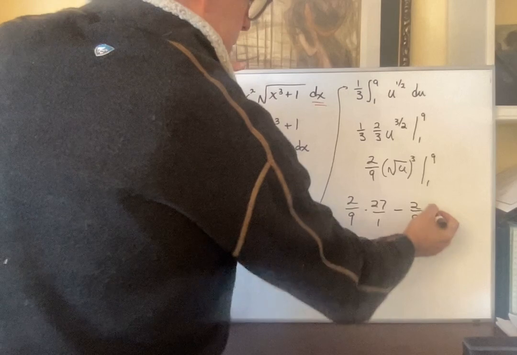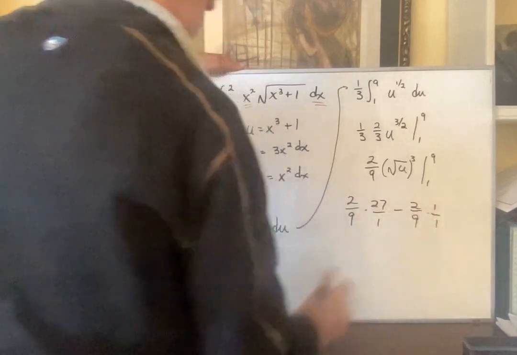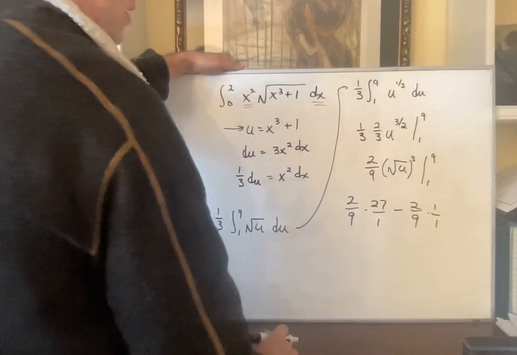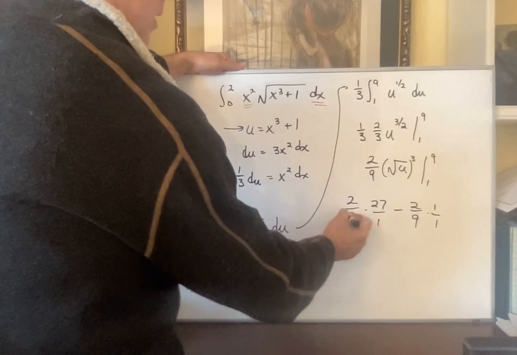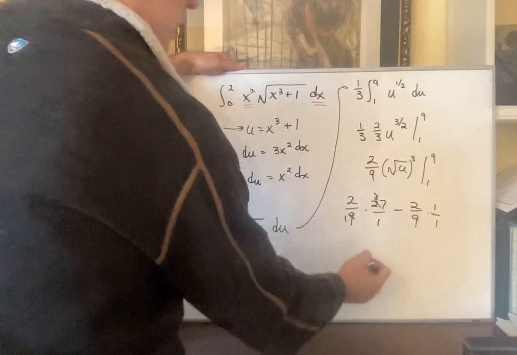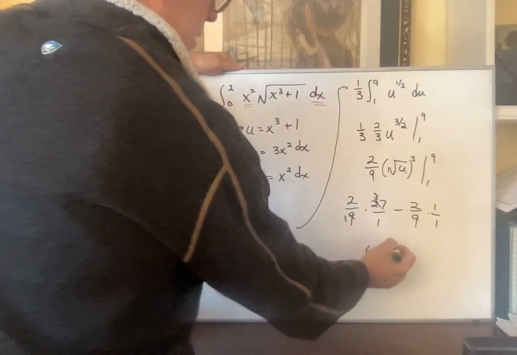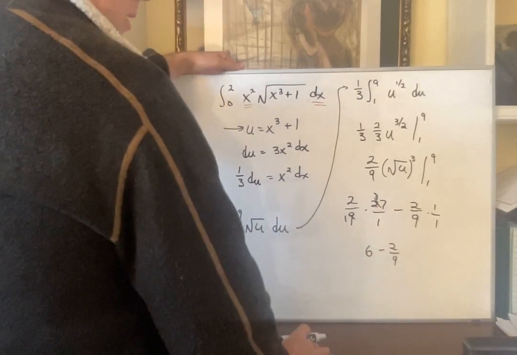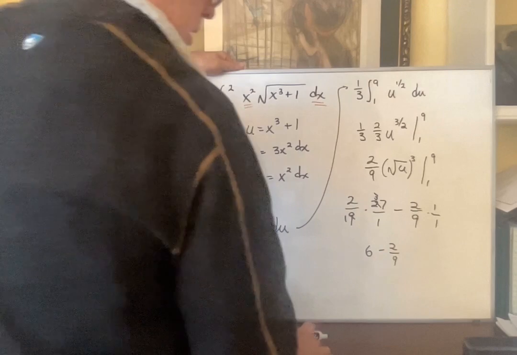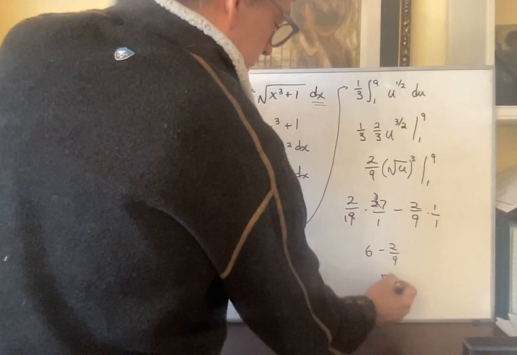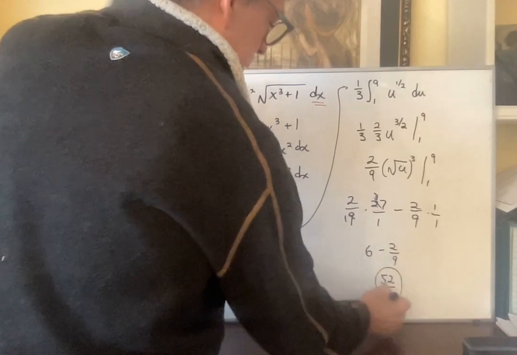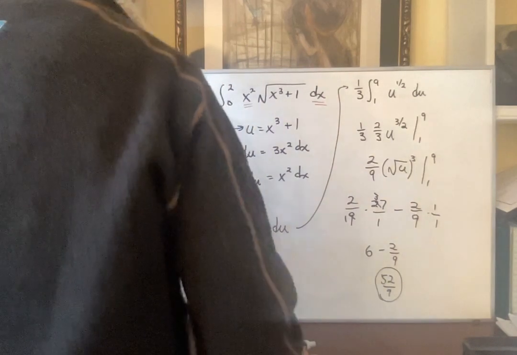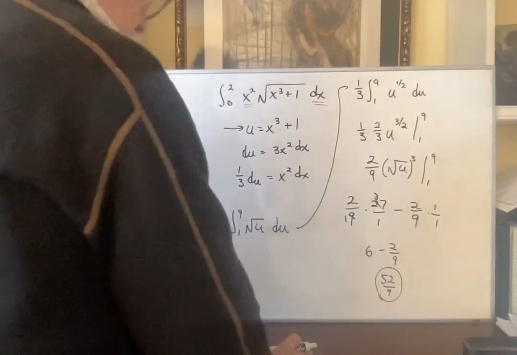Cubed is just 1. So this 9 becomes a 3, and I think you just have 6 here, minus 2/9. That's 54 minus 2 over 9, 52/9. Is that possible? Did I write the right answer? Oh, I did. Yeah, okay, that is it.